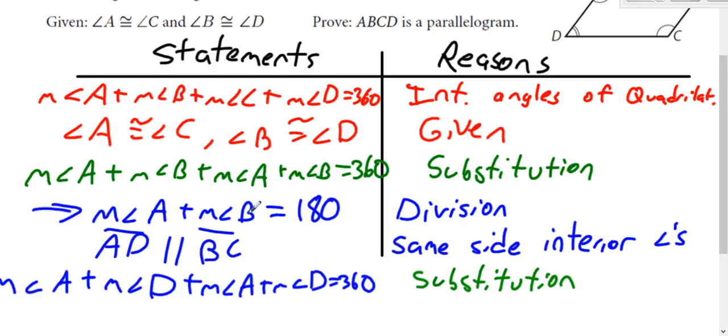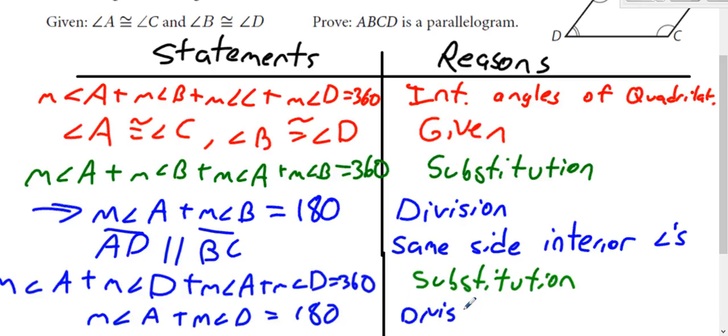Or we could have just gone to this line right here and substituted D instead of B. Either way, we get the measure of angle A plus the measure of angle D equals 180. Could have saved a line if we wanted to. It's division just like it was before.